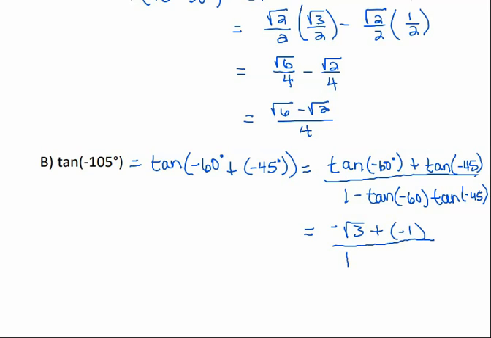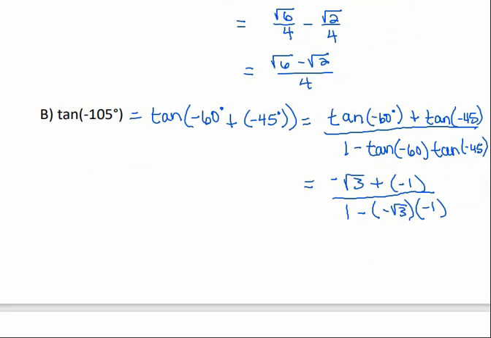All right, in the denominator, 1 minus the tangent of negative 60 degrees, so that would be 1 minus negative square root of 3 times negative 1, which is the tangent of negative 45. Okay, so let's simplify that a little bit.